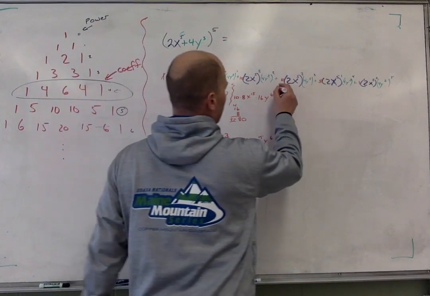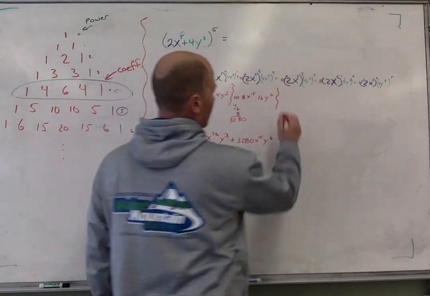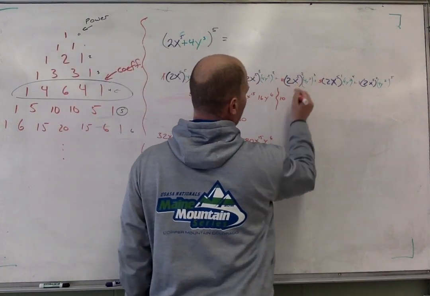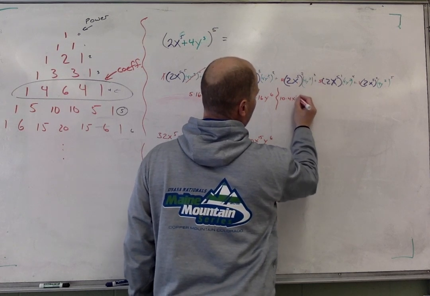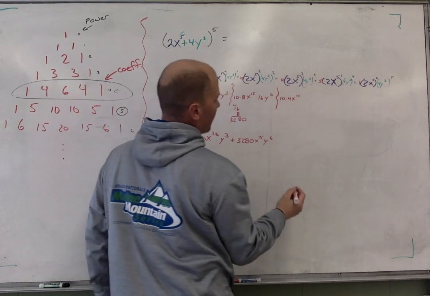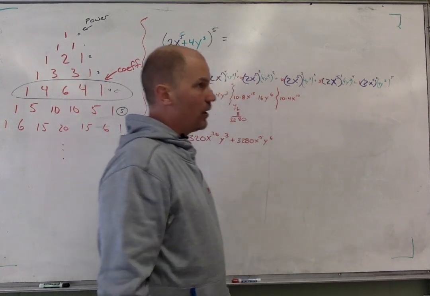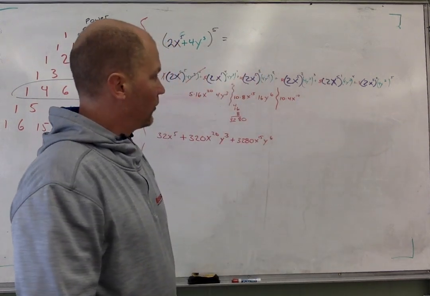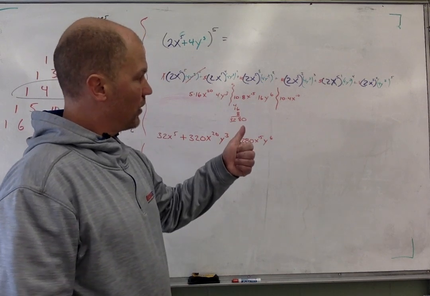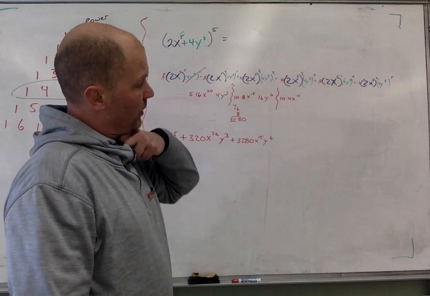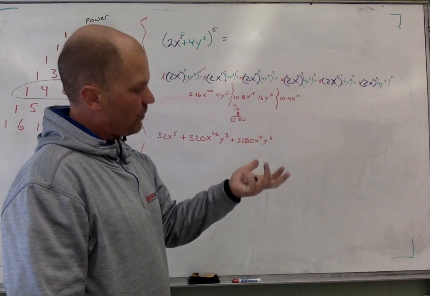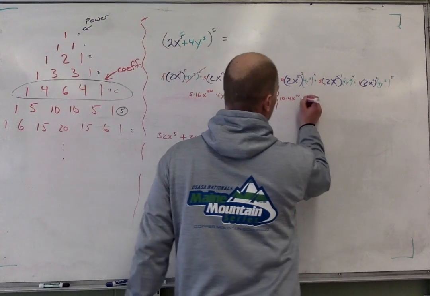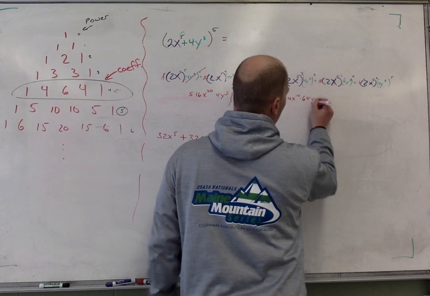Okay, do it again. The 10 comes down. 2 squared is 4. 5 times 2 is 10, so that's 10. 4 cubed. That's the same as 2 to the 6. 2, 4, 8, 16, 32, 64. Y to the 9th.